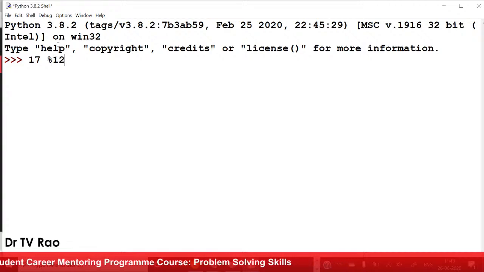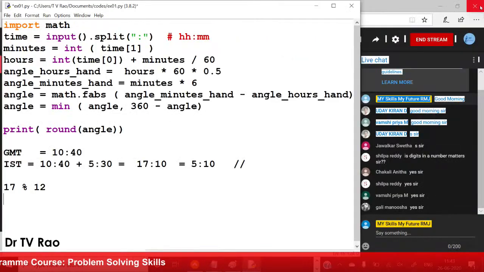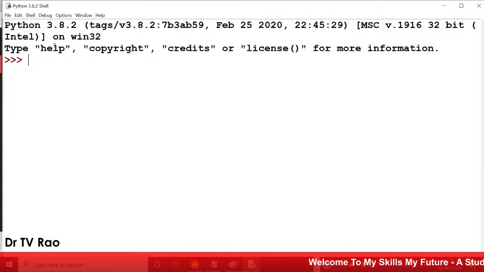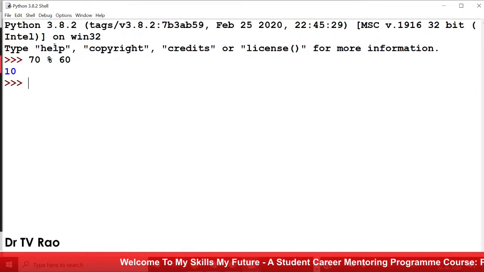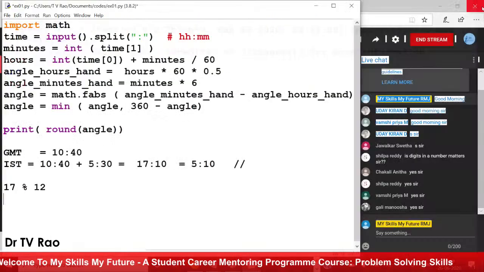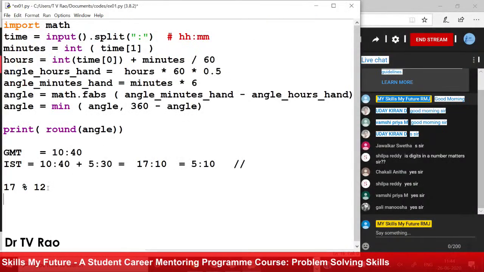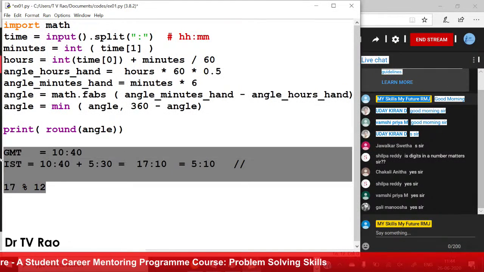If the number of minutes is more than 60, then again number of minutes modulus 60. Is this clear? Okay. Hope you can do that. And this is the clock's problem. Okay. Is this clear?